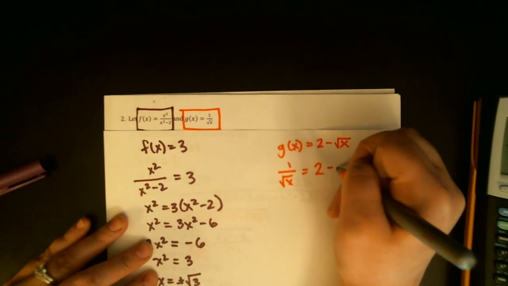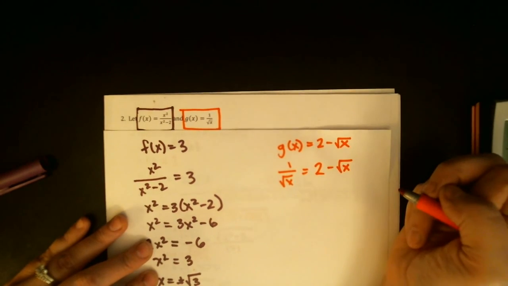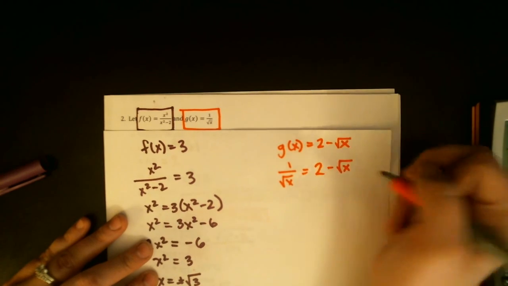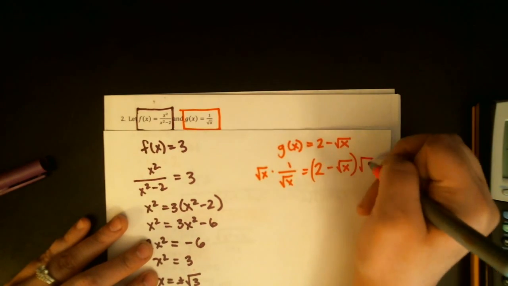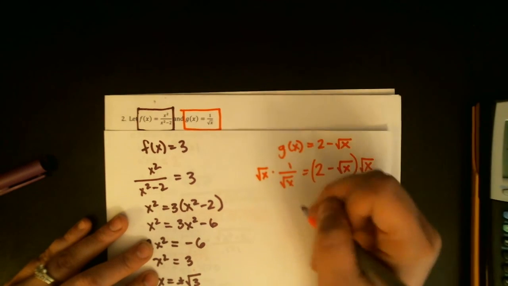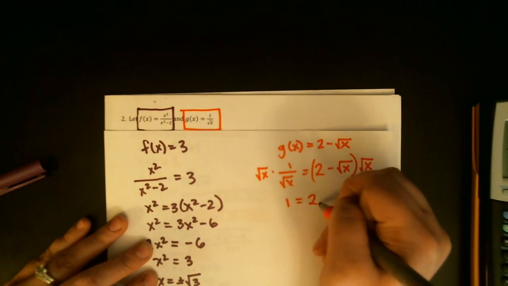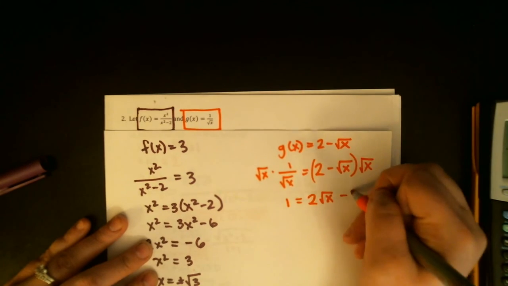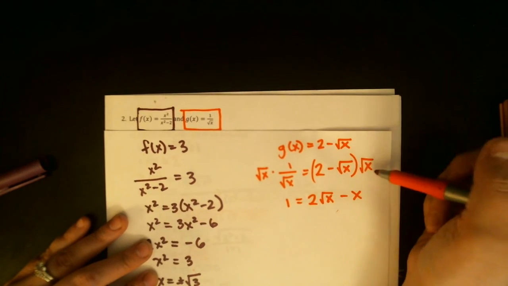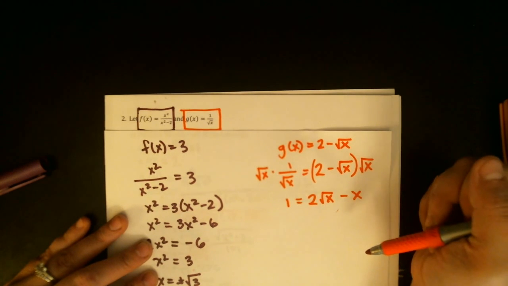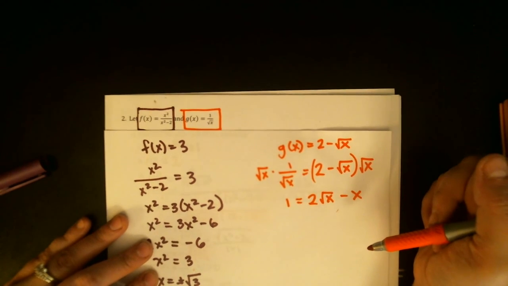So we're going to set that equal to 2 minus root x. And once again, let's start by clearing the fractions. We're going to multiply both sides by a root x. So I get 1 equals 2 root x minus x. So that actually works out sort of nicely. I do have a 2 root x, but root x times root x just leaves me with the x.